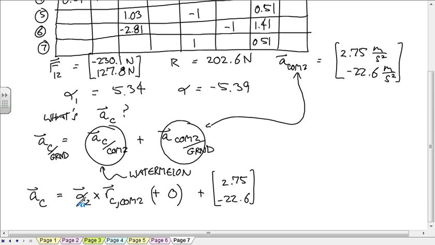All right, so alpha 2 is 0, 0, negative 5.39. That r vector, we've already done that one.